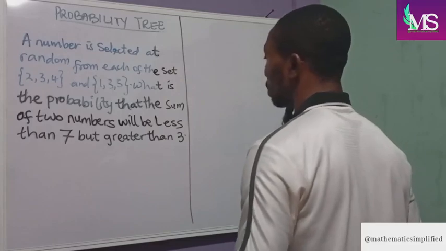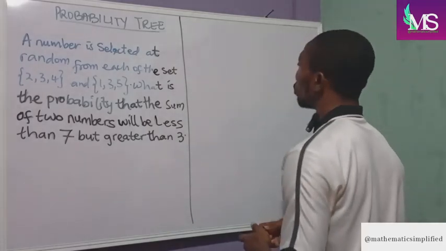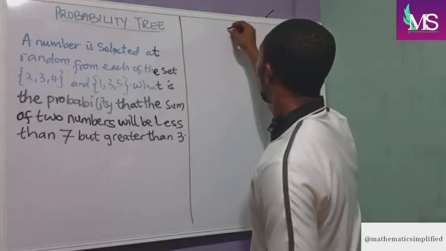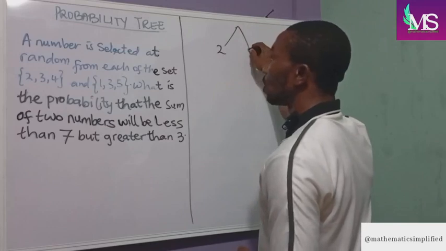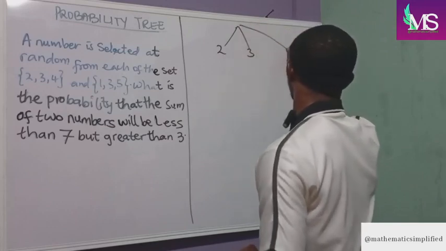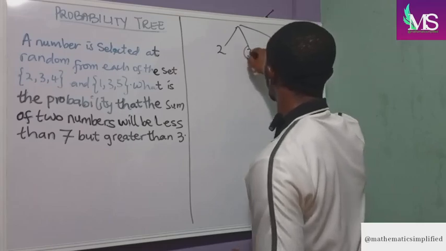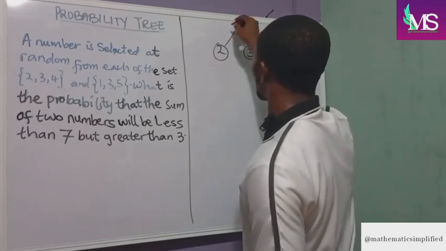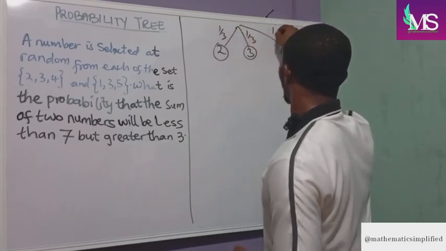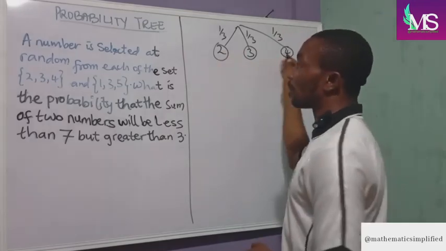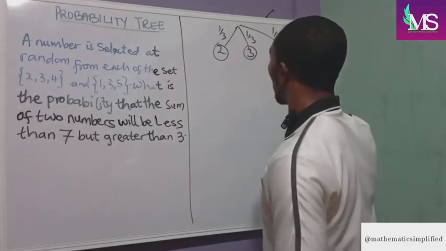Alright, in solving this using a probability tree, we'll first of all have our first set of numbers 2, 3, and 4. Now, the probability of this first choice will be 1 over 3, 1 over 3, 1 over 3, since each of them have single outcomes.